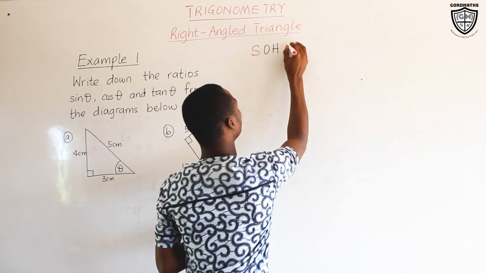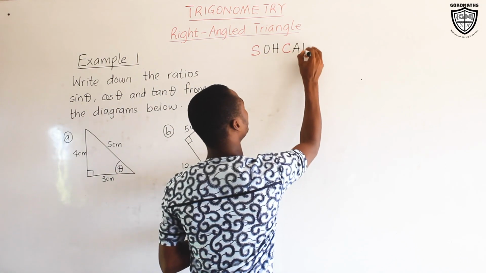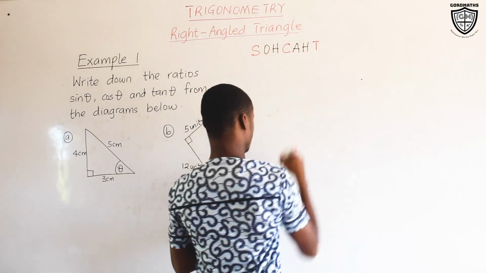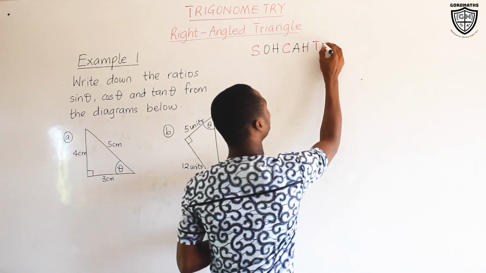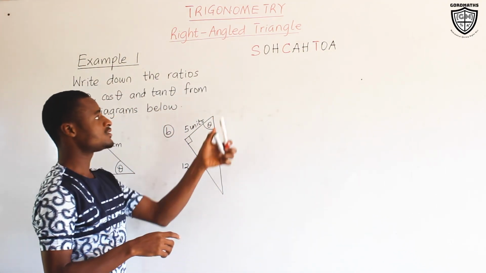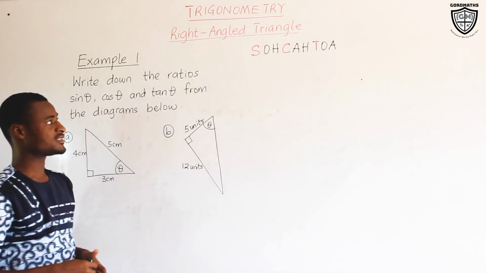The cos of the angle is given by the adjacent divided by the hypotenuse, and the tan of the angle is given by the opposite divided by the adjacent. We will use these trigonometric ratios to solve the question.